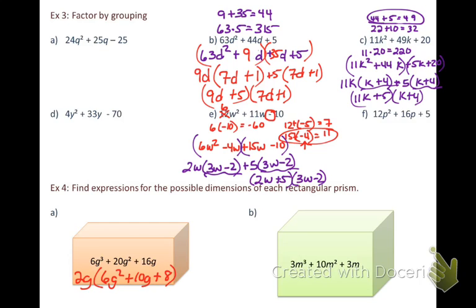We've done it. Now I'm going to keep 2g to the side. We don't need to talk about that because that's a dimension, and so we don't have to see that anymore. So now we have 6g squared plus 10g plus 8. And we're going to do the same thing with that as we did with example 3.